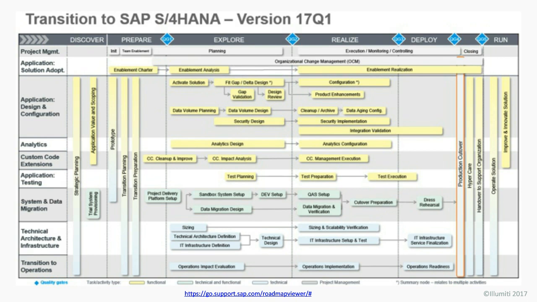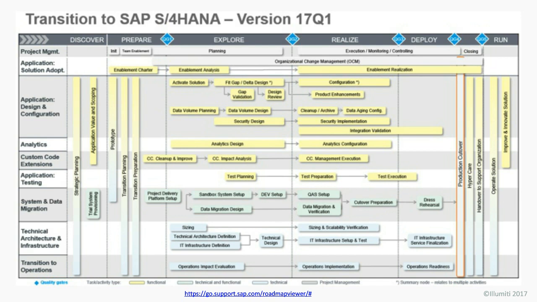And then you move to the explore phase, where you can start looking at things like, what is the effect on my analytics? What are those core data services views that SAP talks about? How is that going to be activated as I go through this process? You can actually see this in the roadmap viewer. And then any fit gap analysis, if there are things that have changed where you have to transition, how to deal with those, this will be very apparent in this viewer.